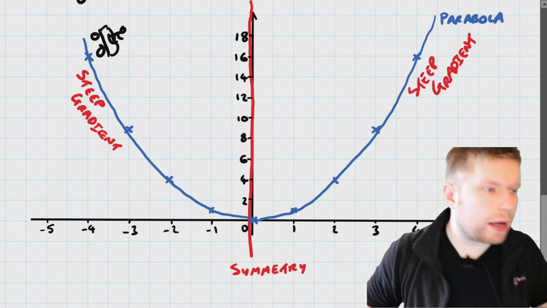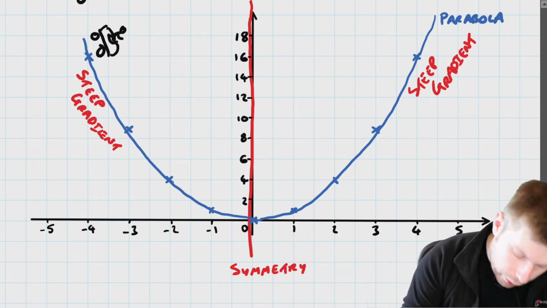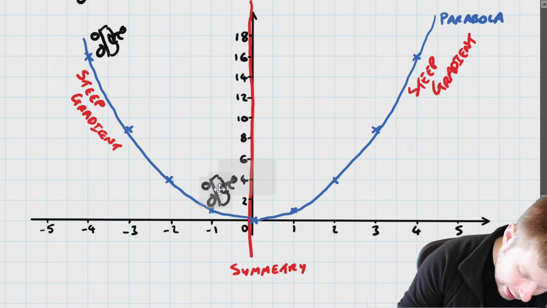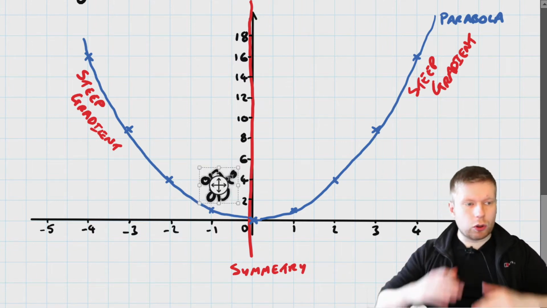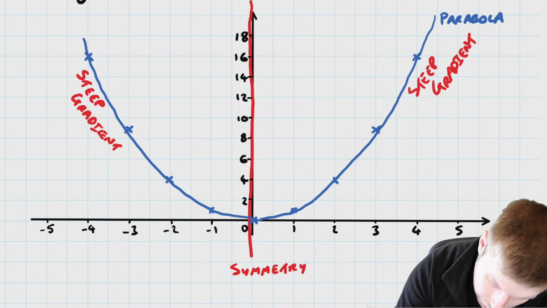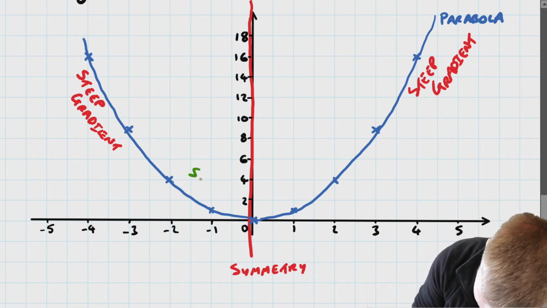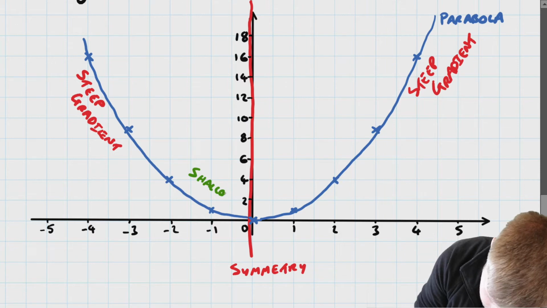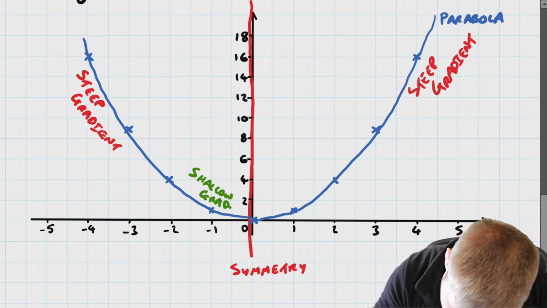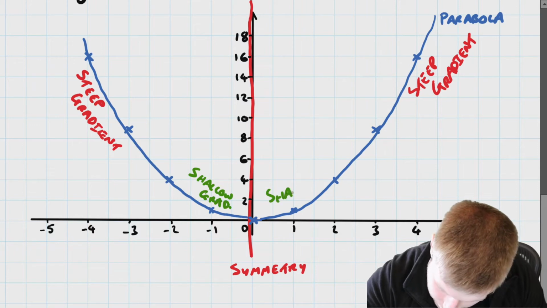Then if you look at values which are closer to 0, so for example, if I now take this guy, okay, and if I move him down here, can you imagine that when I'm down here, it's not going to be as steep anymore, all right? So in actual fact, this is going to be a shallower gradient, okay, so shallow gradient. And the same thing here, this is also going to be shallow.